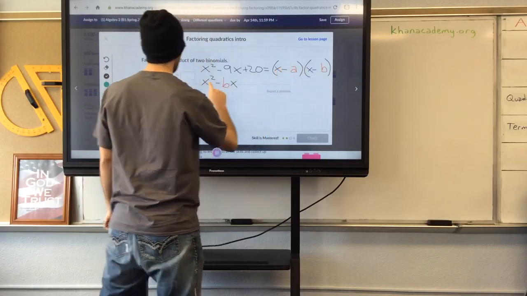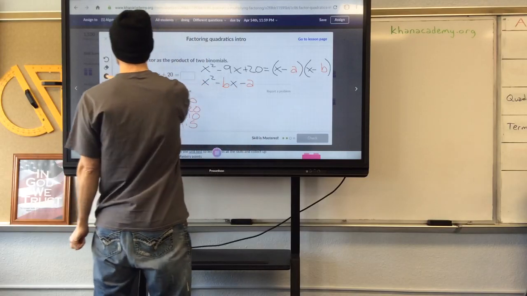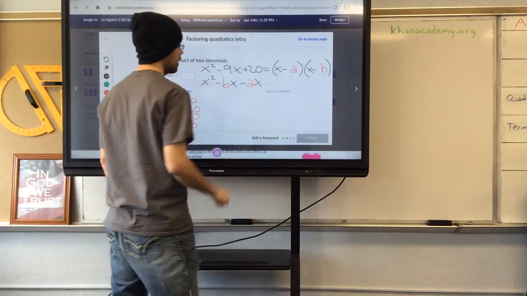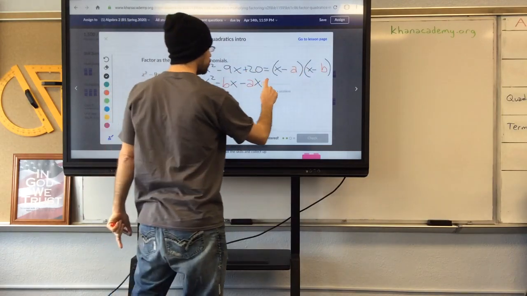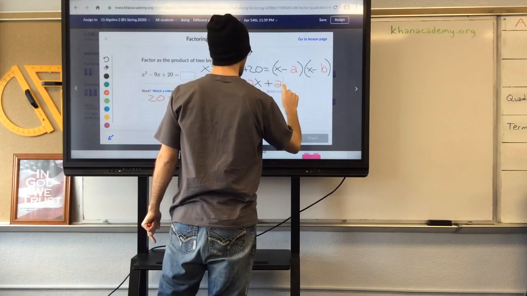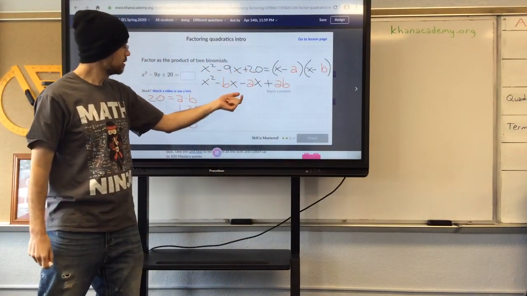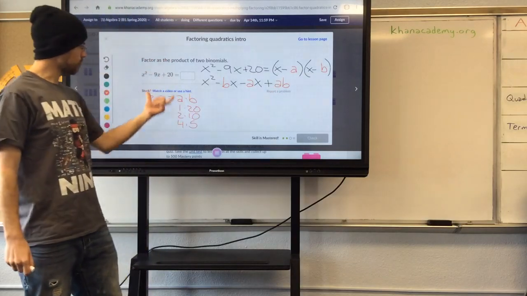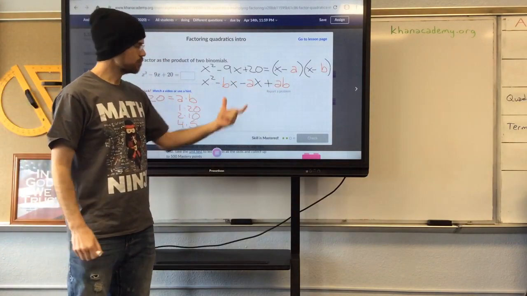Negative a times x is negative a times x. And then negative a times negative b is positive ab. Okay, so we know right now we have to get a 20 when we multiply a and b. We have our options over here. Okay, let's look at this middle term.